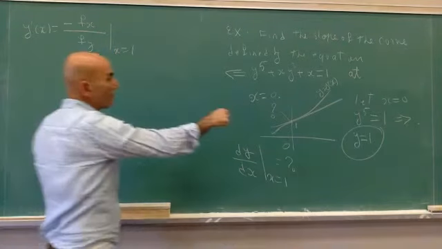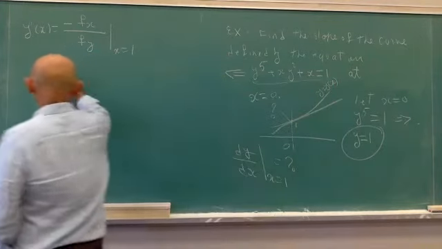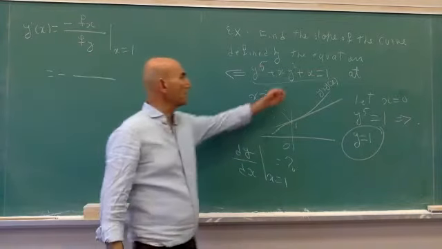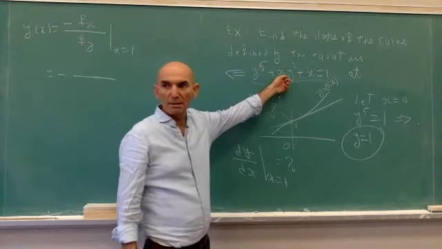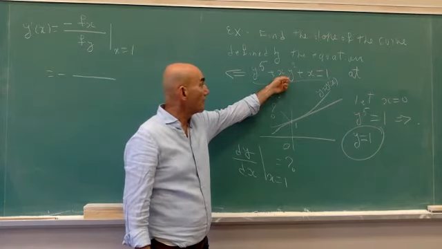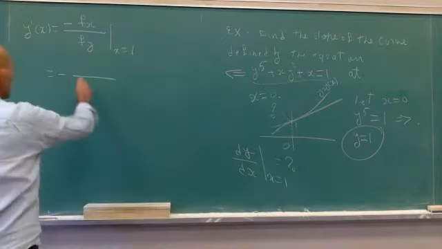Where f of x and y is equal to this guy, minus that. So that's equal to negative. What is fx? What is the derivative of this guy with respect to x? It's y2 plus 1.